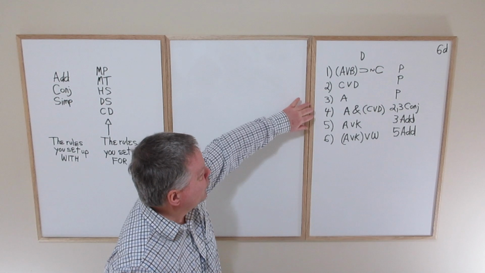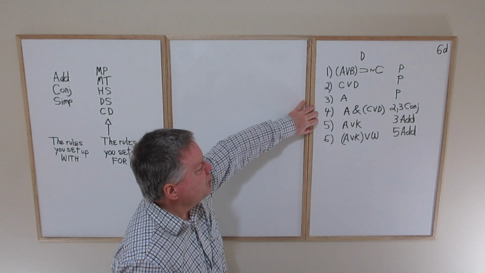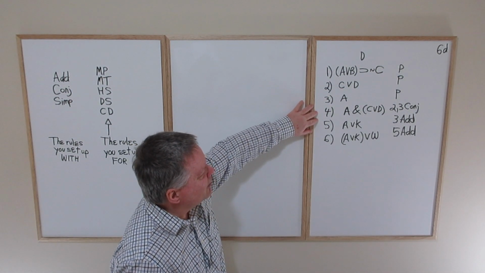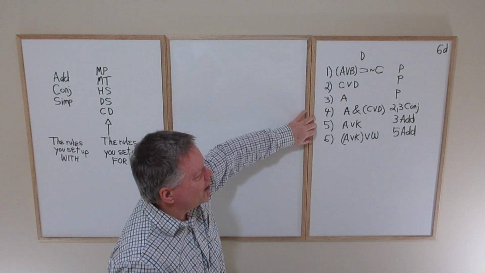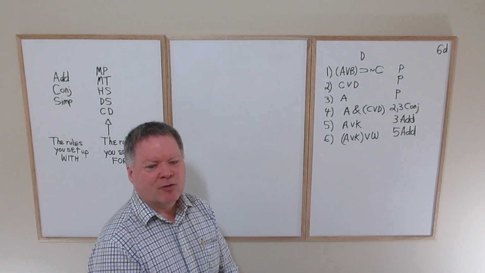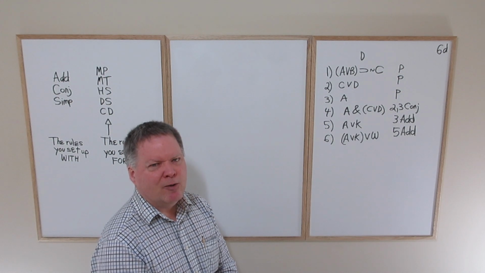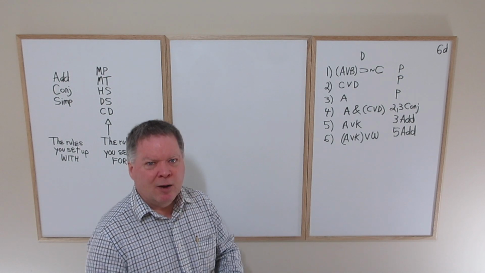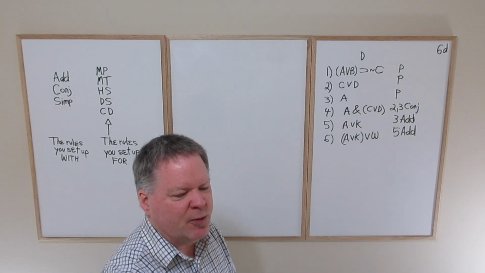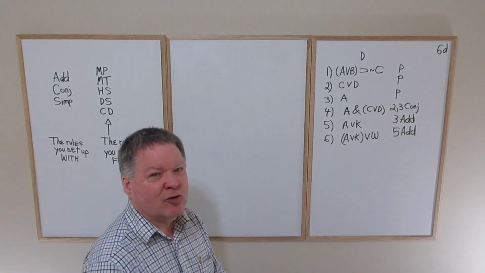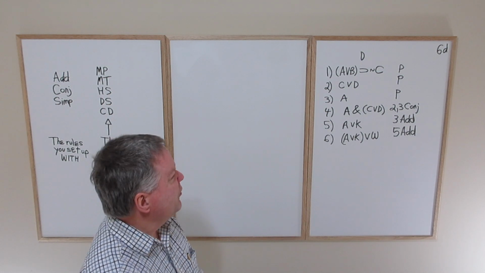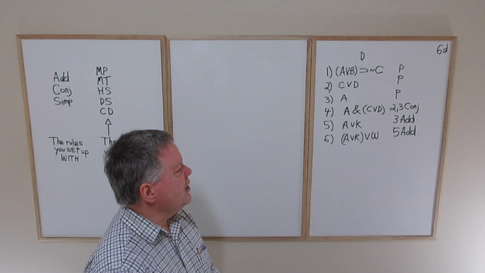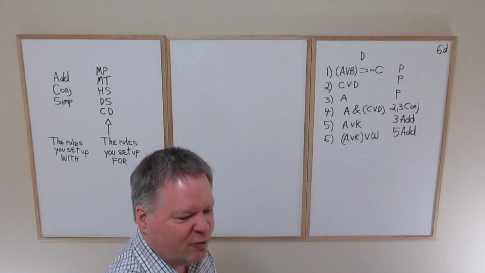And as I said earlier, I could go on endlessly making useless conjunction and addition steps. They're not going to help us. They're not wrong, but they're not going to help you complete the task that you're trying to complete. So with these 2 rules, you need to be very selective.